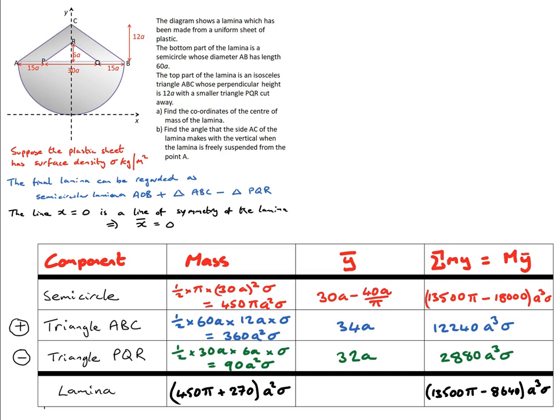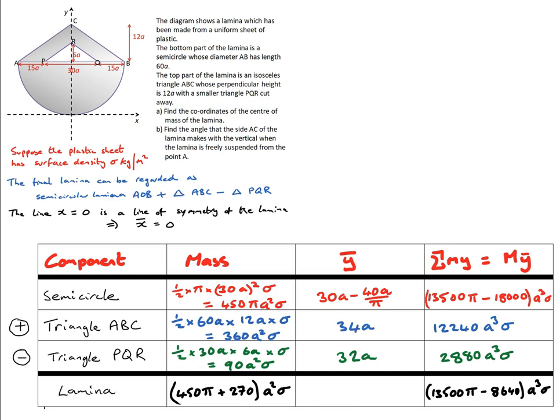And that is 13,500 pi, take away 18,000a³ sigma, add 12,240a³ sigma, take away 2,880a³ sigma, which will tidy itself up to (13,500 pi - 8,640) a³ sigma.